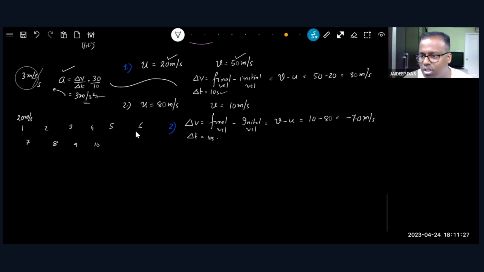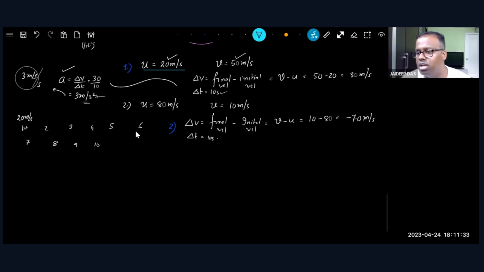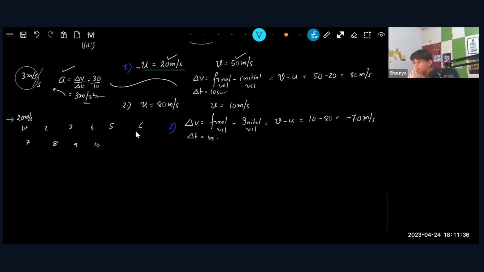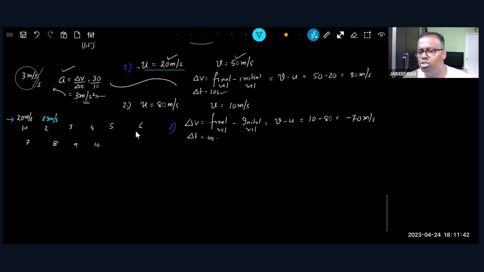This is my first second. My velocity is how much? 20. Second, what should be my velocity? 23 meters per second. Very good. Next, what should be my velocity? 26 meters per second.